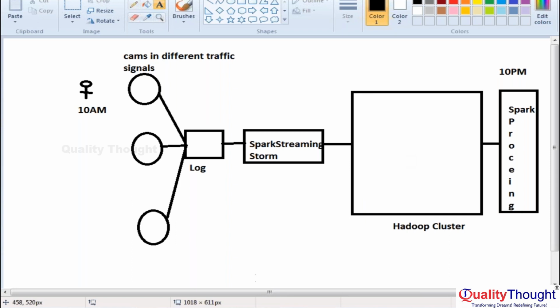Here, streaming means continuously we are reading data and storing it into the history data lake. Every day, at the end of the day, or every week or every month, we apply some analytics, and based on the result we take decisions.